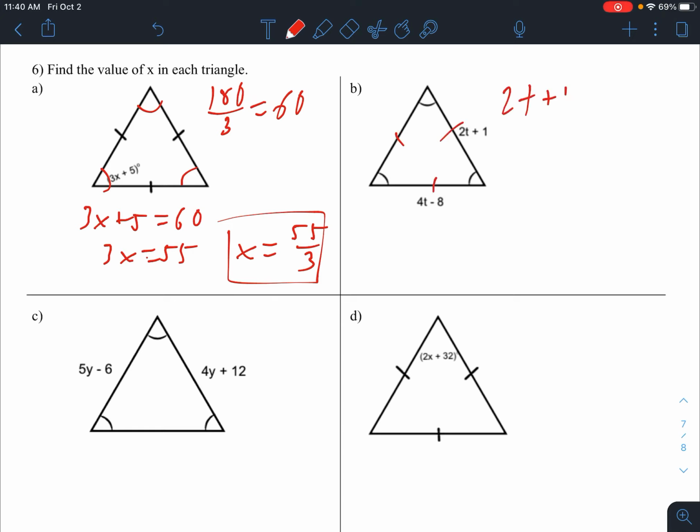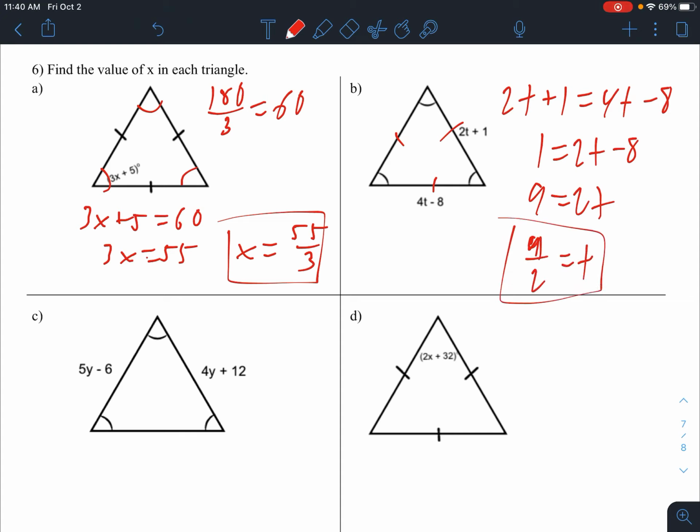So I can set 2t plus 1 equal to 4t minus 8. Subtracting 2t and adding 8 and dividing by 2. You get t equals 9/2, or 4.5.